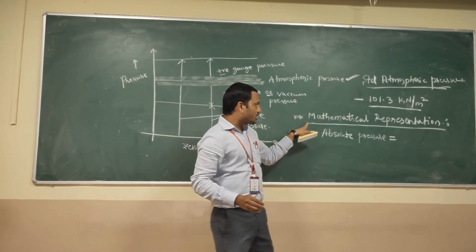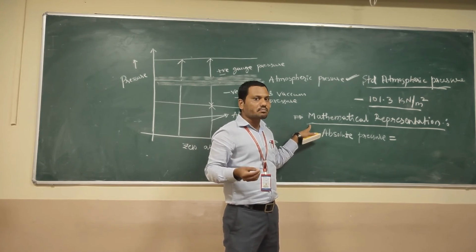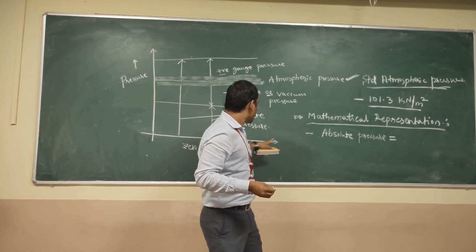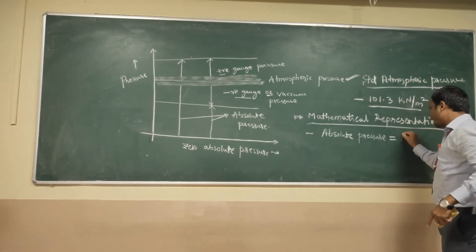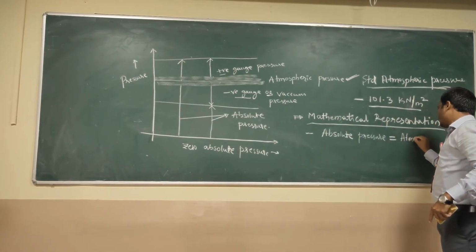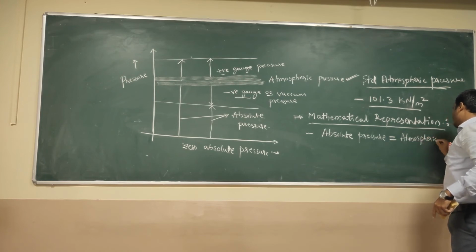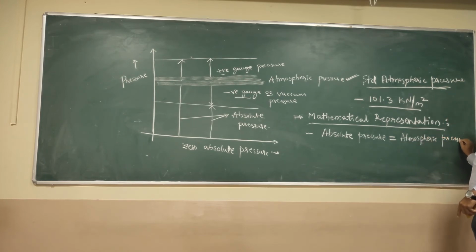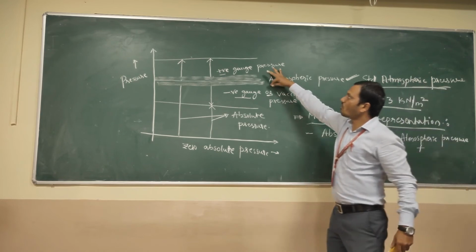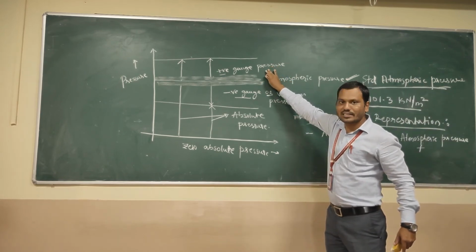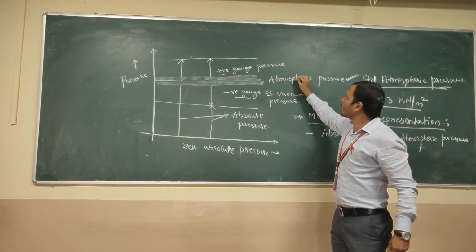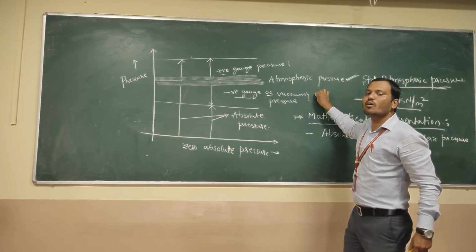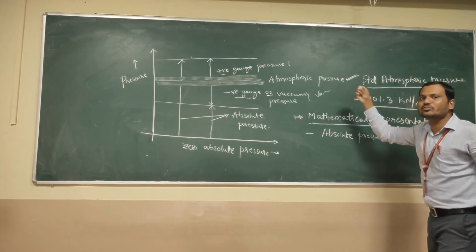When you represent it mathematically, the absolute pressure is equal to the atmospheric pressure plus the positive gauge pressure or the negative gauge pressure, which we call the vacuum gauge pressure.